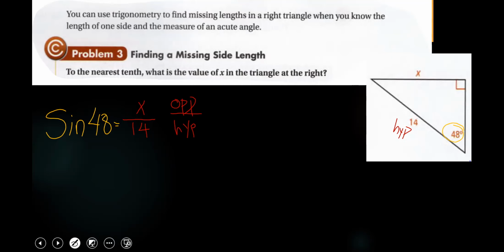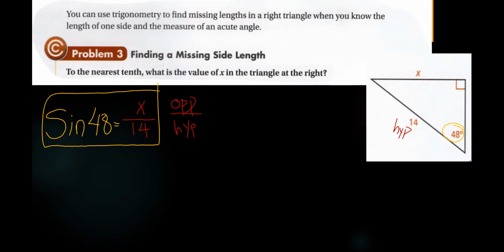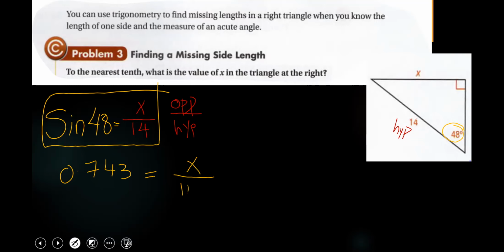Then, as I told you, if you have one angle and one side, you can find the length of the other side. I will go to the calculator or the tables: sine 48 is 0.743, equal to x over 14.